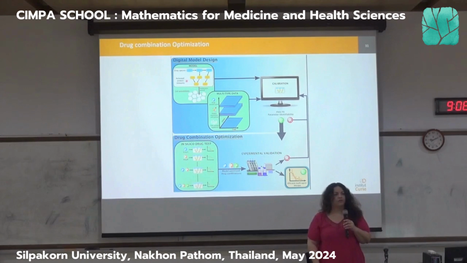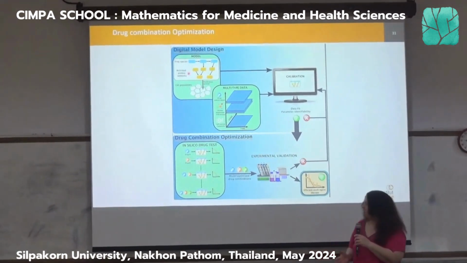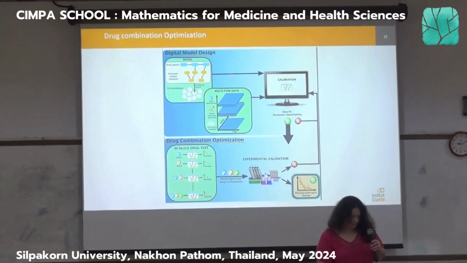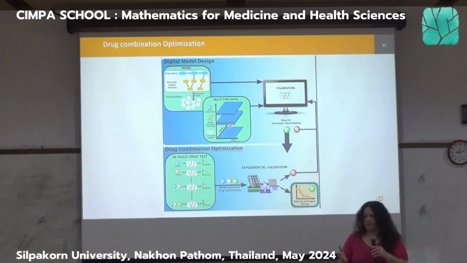Then you want to calibrate your mathematical model, so you want to estimate your parameters using, for instance, least squares approaches. This is where you need data. And once you have a calibrated model, you want to use it to answer the biological question that you have asked.